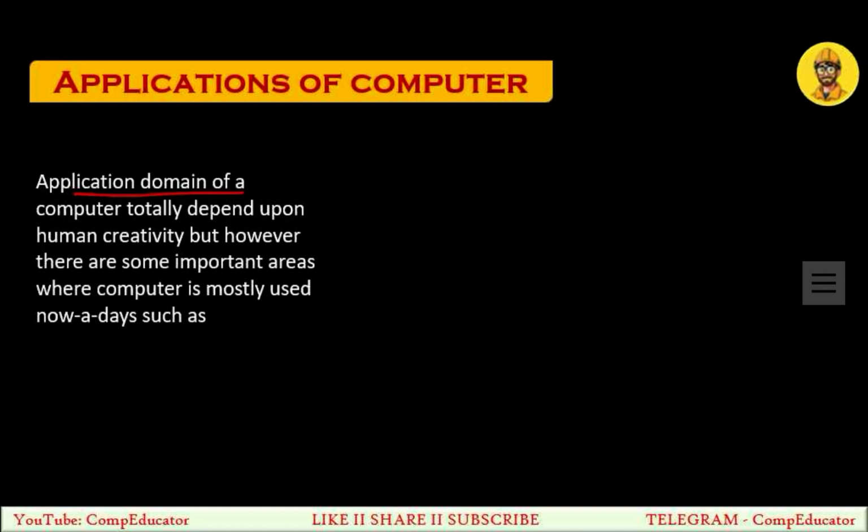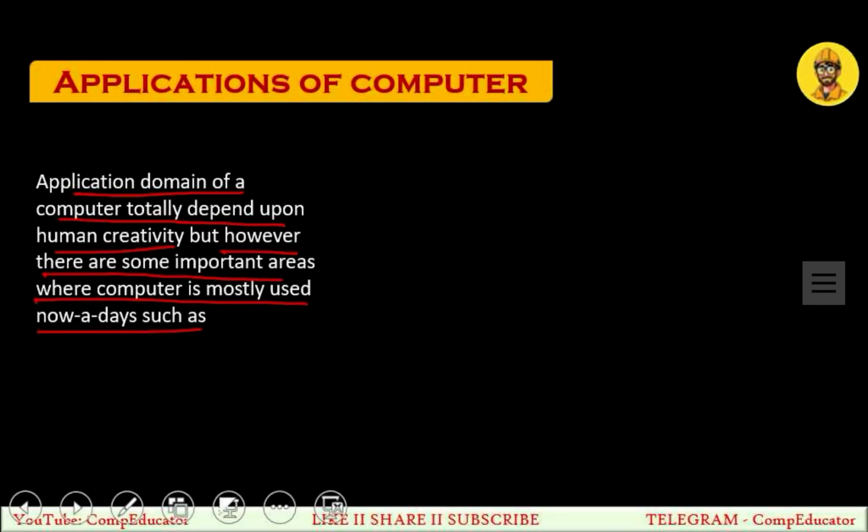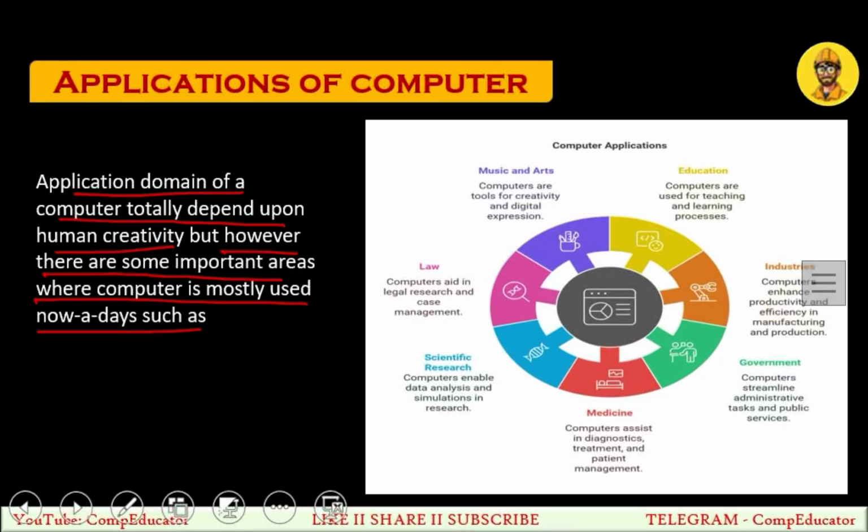Look, the application domain of a computer totally depends upon human creativity. However, there are some important areas where the computer is mostly used nowadays. For example, education: computers are used in the teaching and learning process.